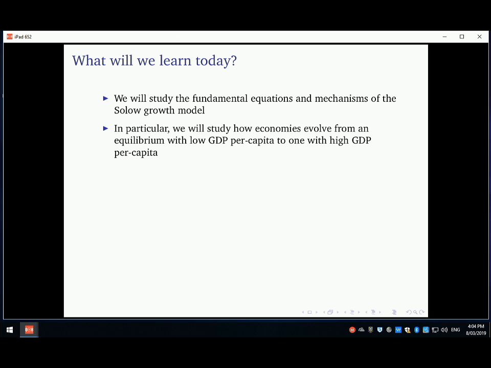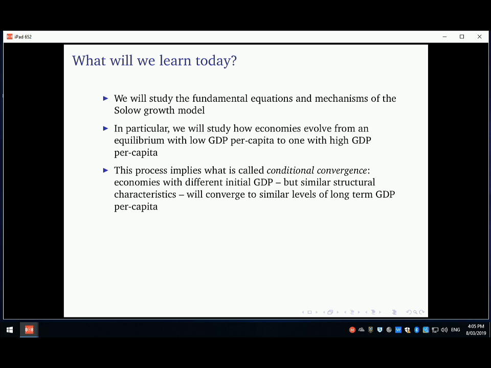We will study how different economies evolve from one equilibrium in terms of GDP per capita to another, how these countries potentially transit from one equilibrium to the other. And this is something I really want to emphasize today: what we need to learn is conditional convergence.